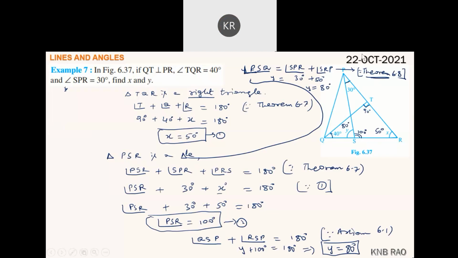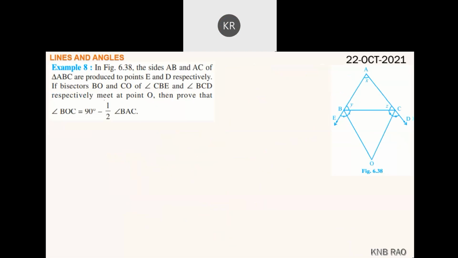Now let's proceed to example 8. In this figure, side AB and side AC of triangle ABC are produced to points E and D respectively.